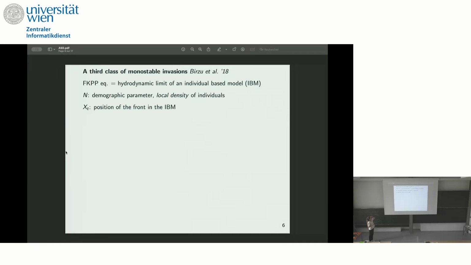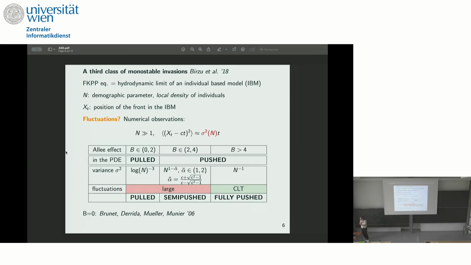Here, the parameter giving the local density will be denoted by N. And so you can wonder, when you take this limit, what is the order of the fluctuations around the deterministic limit? This was done in a paper by Birzu, Hallatschek and Korolev, in which they considered an individual-based model, took the limit, and looked at the fluctuations for the position of the front in this model.